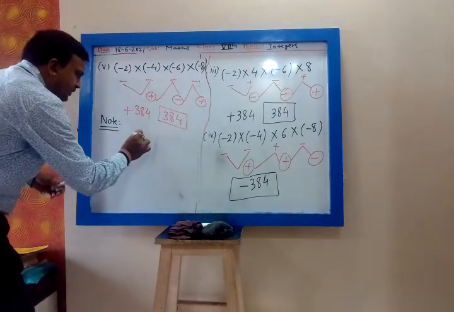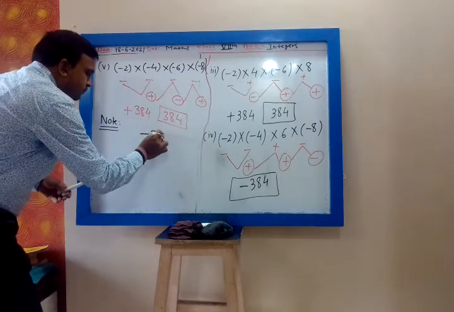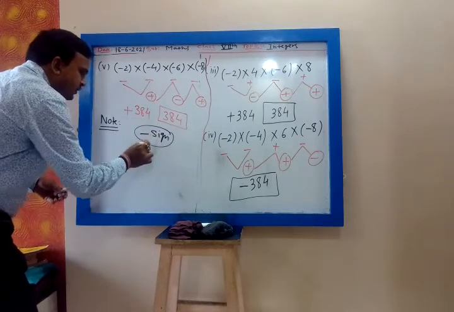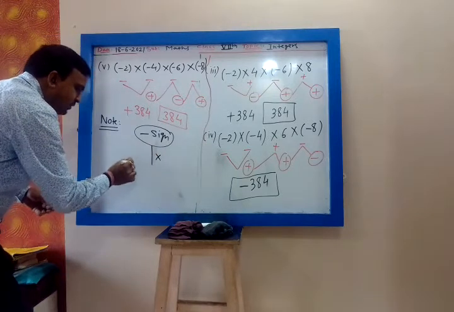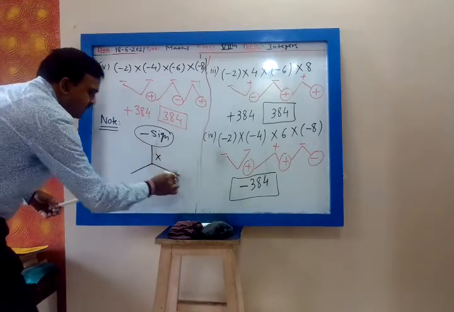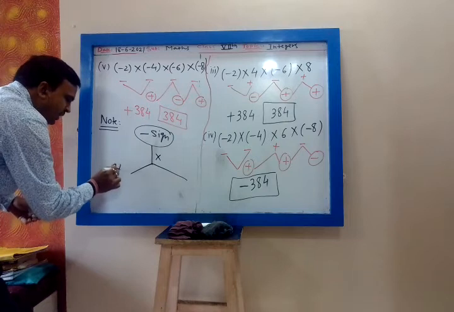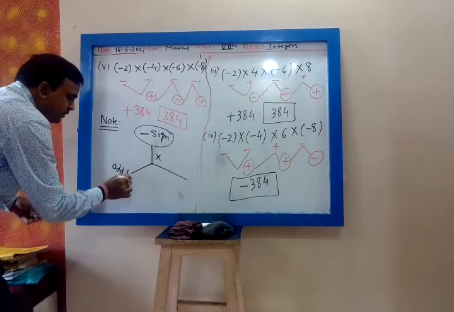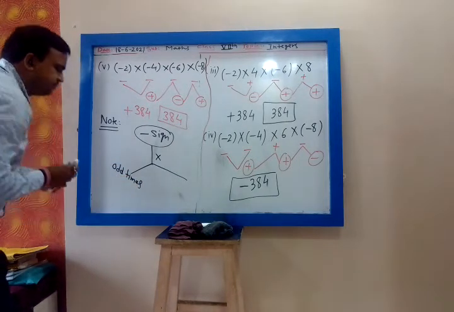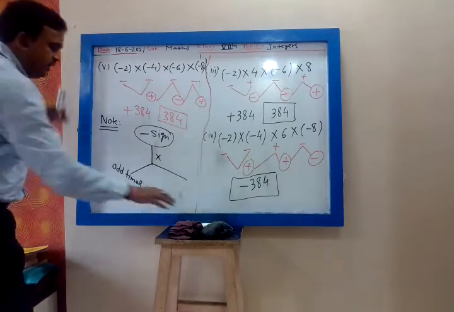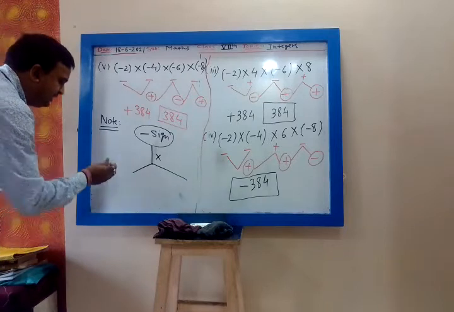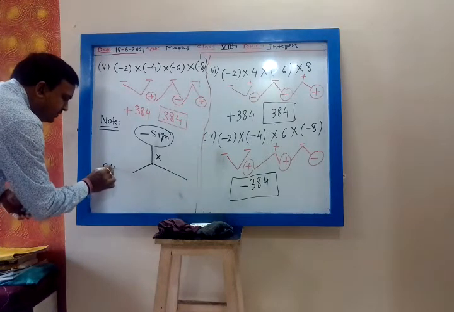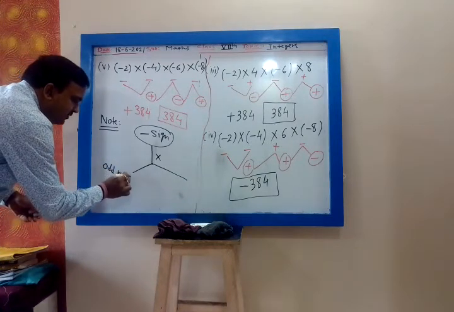This note you have to write: minus sign is multiplied an odd number of times.